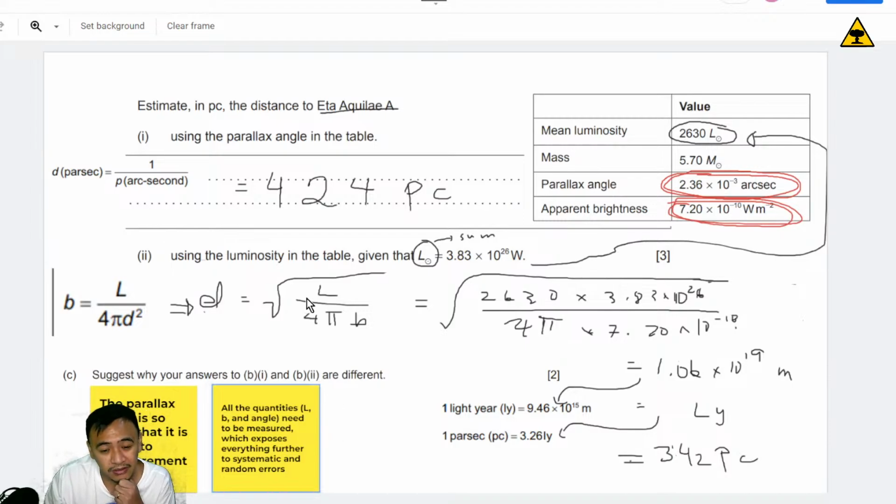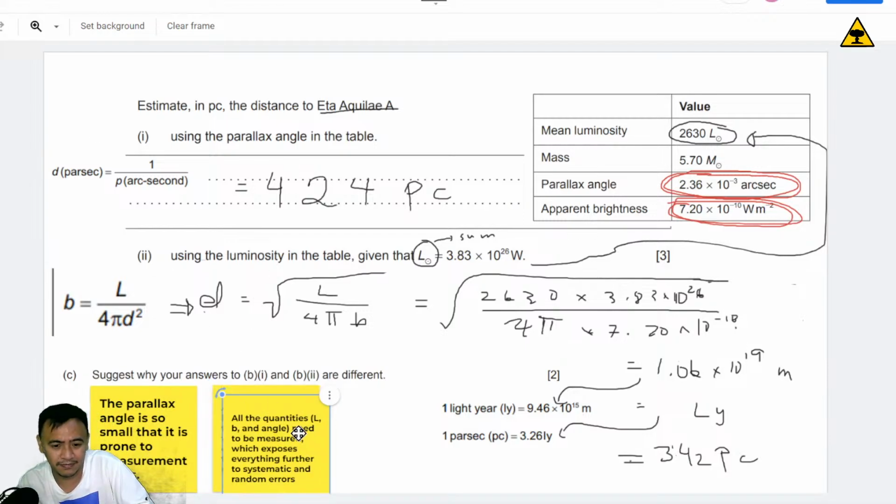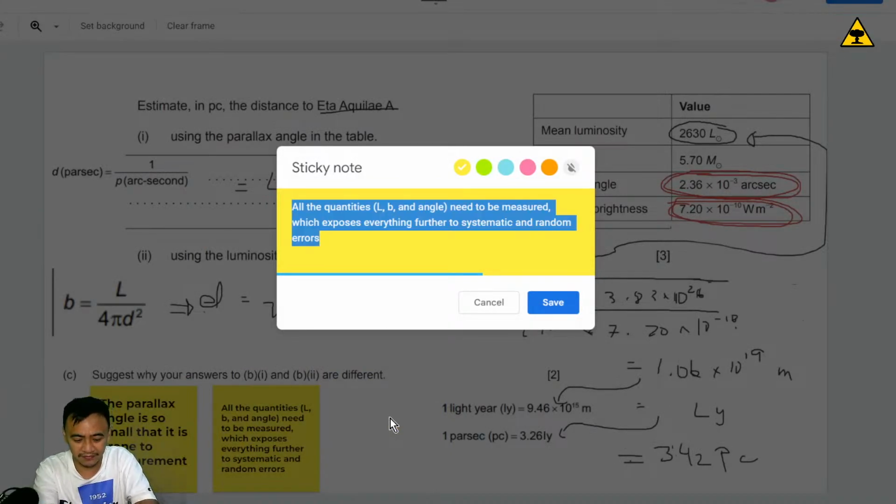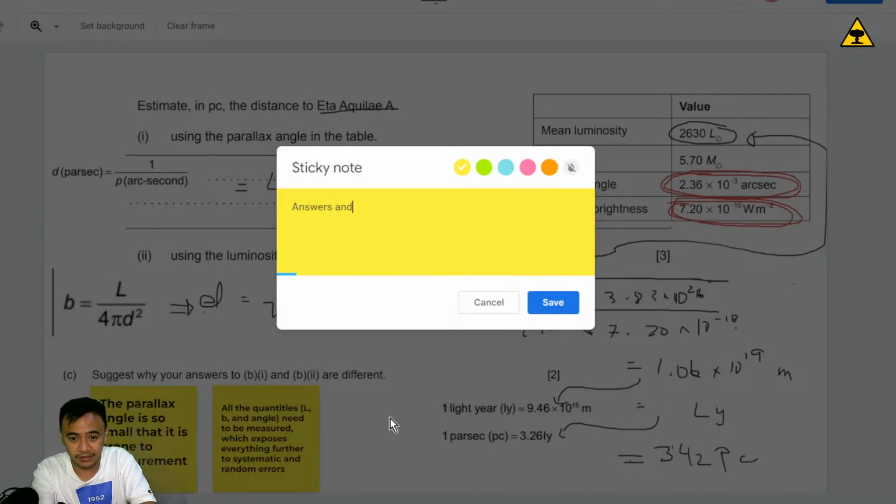Okay, so that's the second mark. There's a third mark on the marking scheme as I'm reading it. You can say that they may be different, but they're the same order of magnitude according to the marking scheme. So the answers are not significantly different, as they are still within the same order of magnitude.